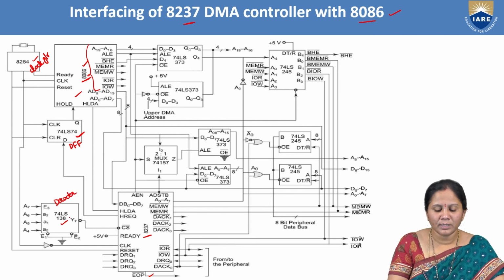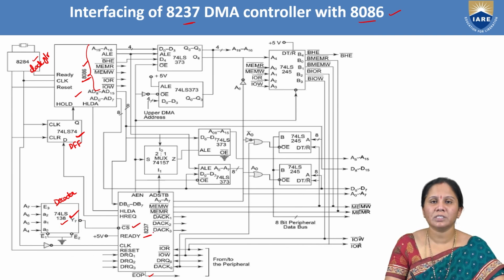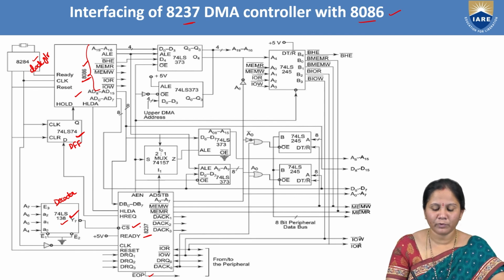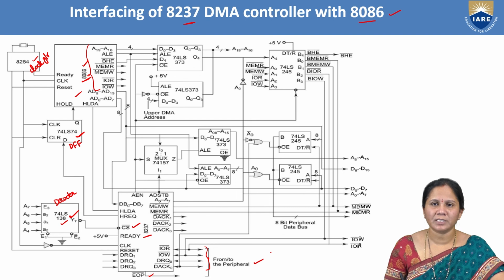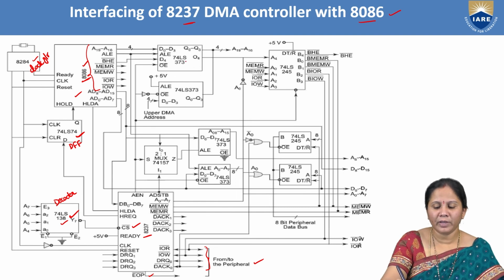This is a 3 to 8 decoder IC, which is going to drive the 8237 DMA controller with the help of the chip selection logic. Here we have IO read, IO write, DMA request and DMA acknowledgement signals. From all these signals, we are going to connect to the IO devices.